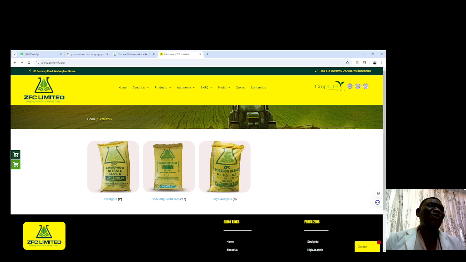I just want to show you some of the fertilizers we buy from local companies in Zimbabwe, so that we add these plant nutrients in our agricultural soils. For example, we have this ZFC ammonium nitrate, which contains 34% of nitrogen. We commonly use this fertilizer.